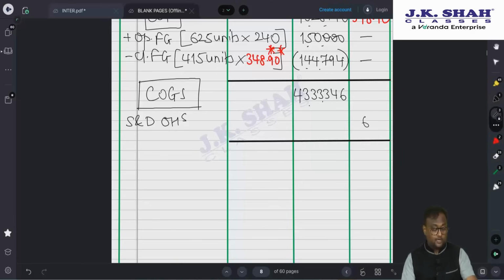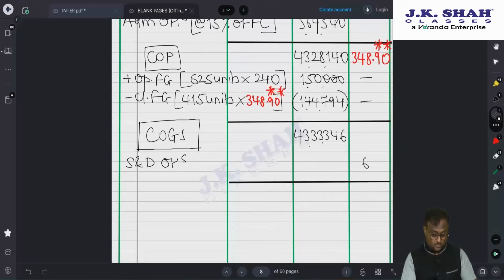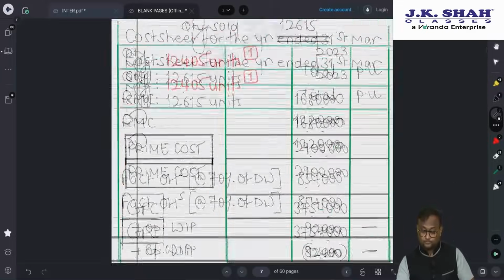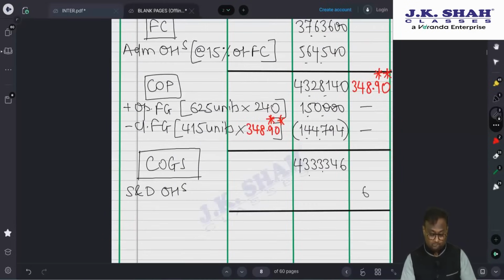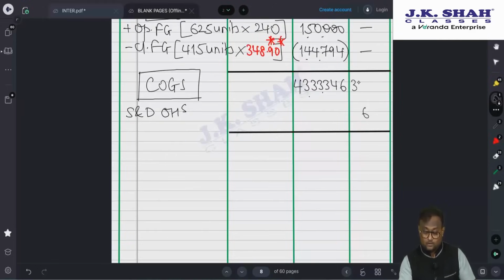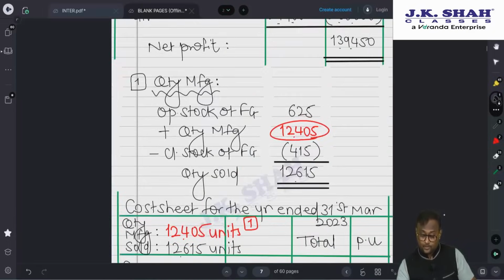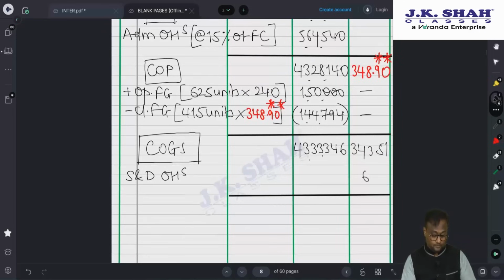Now, if it is 6 per unit, please remember, 343.51 is the cost per unit, obtained by dividing by quantity sold, because it is cost of goods sold. Now 6 multiplied by 12,615 is 75,690.